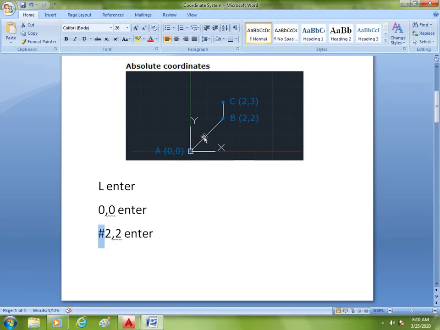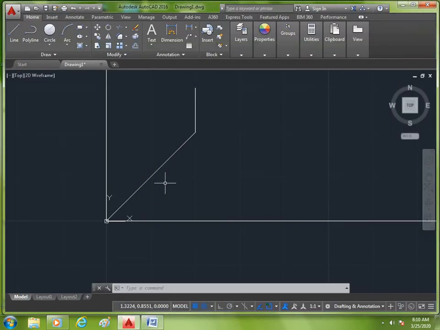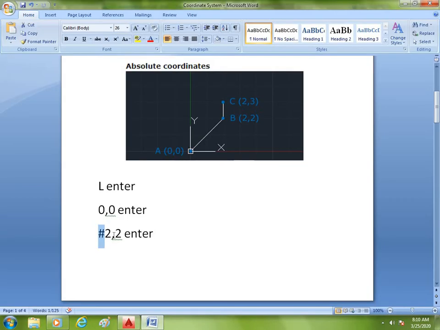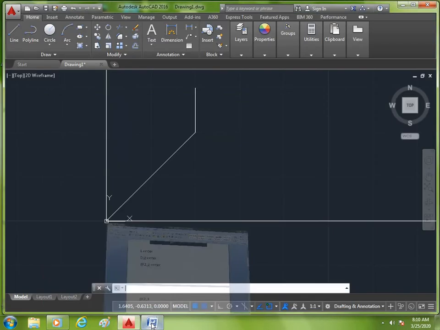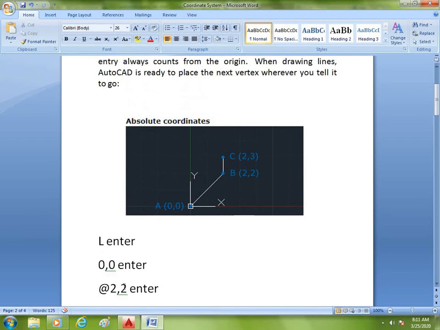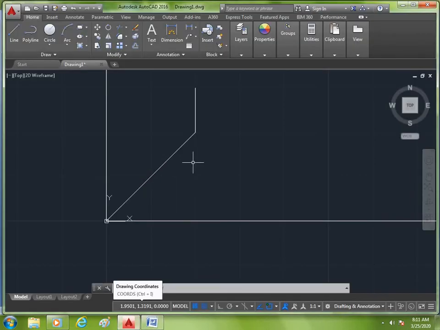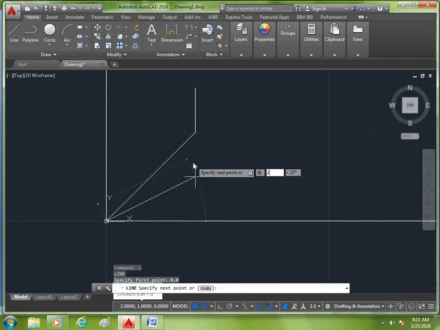If I enter the same points through relative coordinate, the graph might be different. For relative coordinate you have to replace this hash symbol with @. So if I enter the same points through relative coordinates, the result might be different. So L, enter, 0,0, and then @2,2.